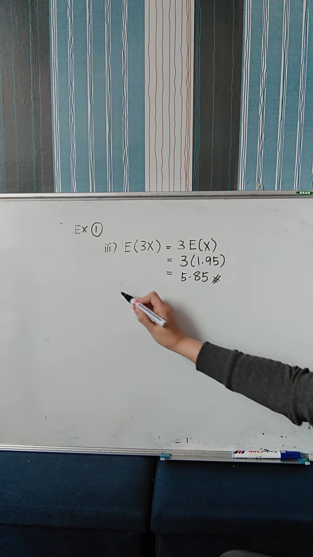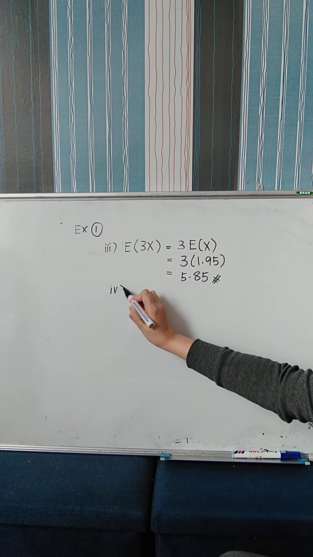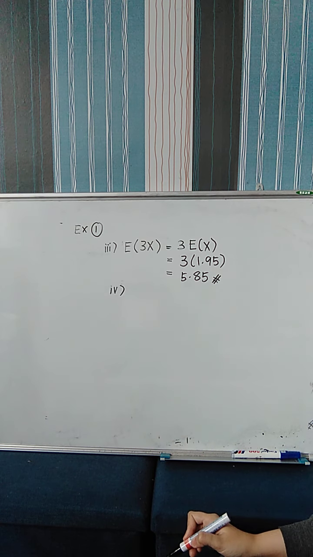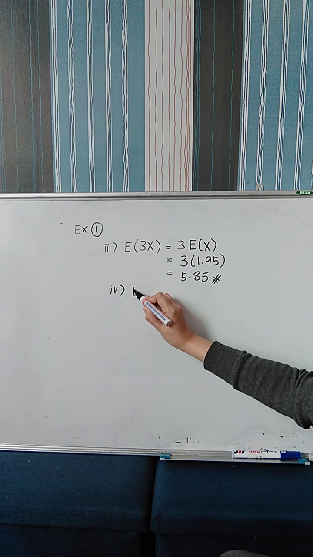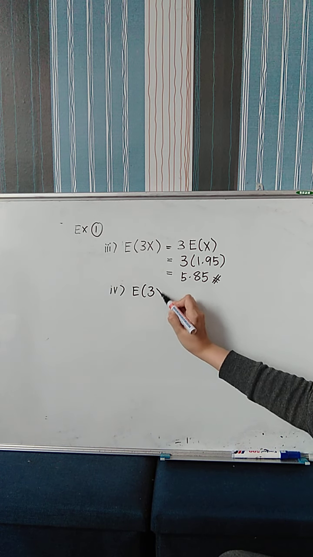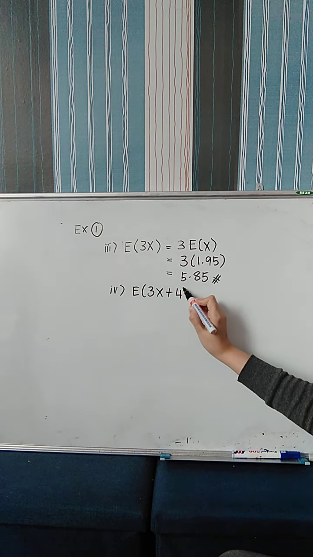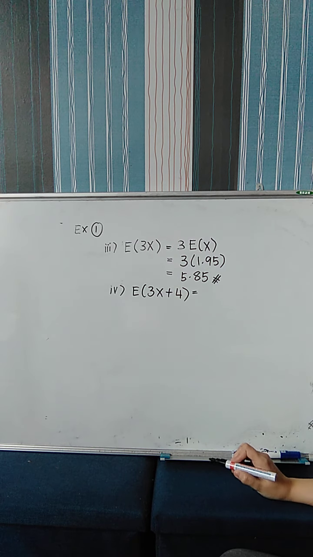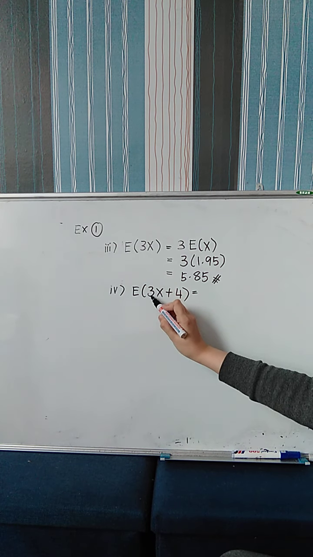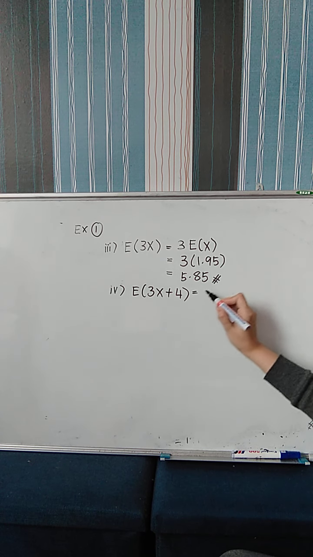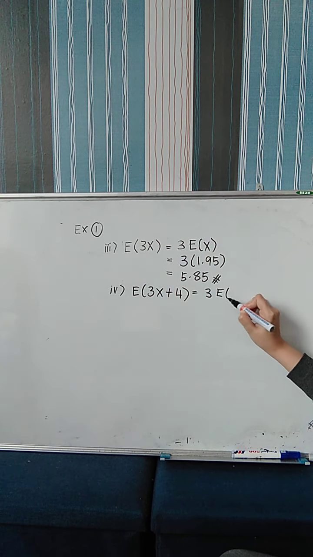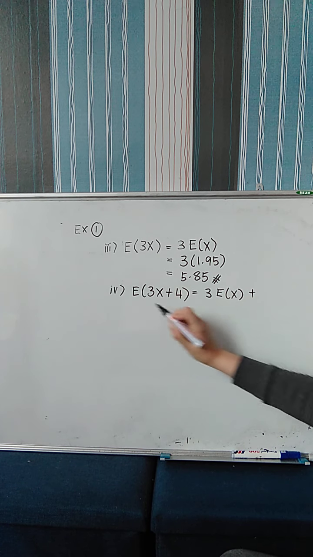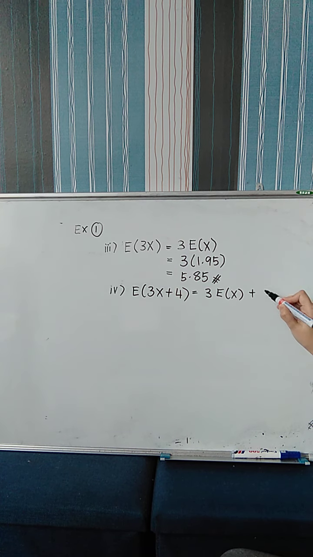Then continue to number 4. Find the expected 3x plus 4. First you expand the expected 3x plus 4. It becomes 3 expected x plus E of 4, expected 4.